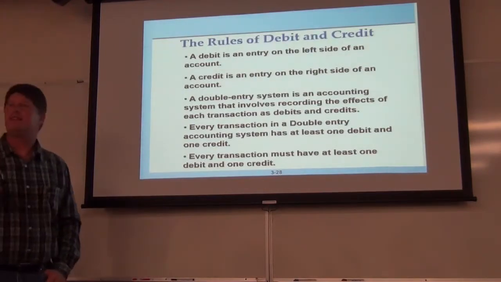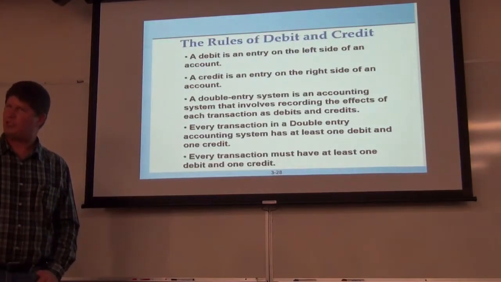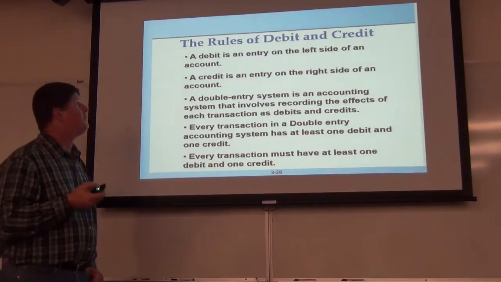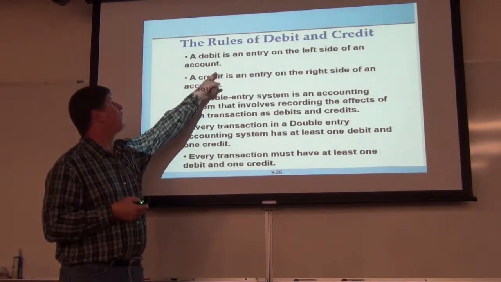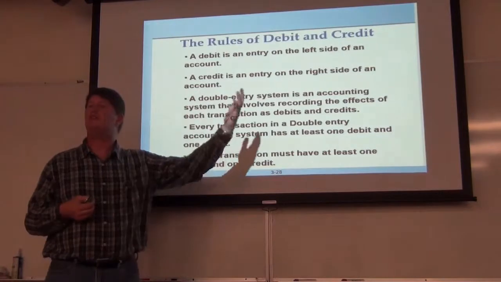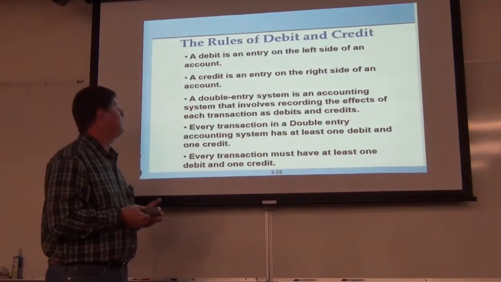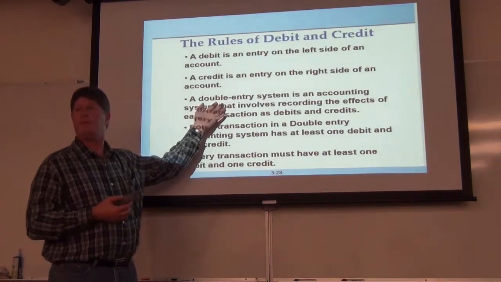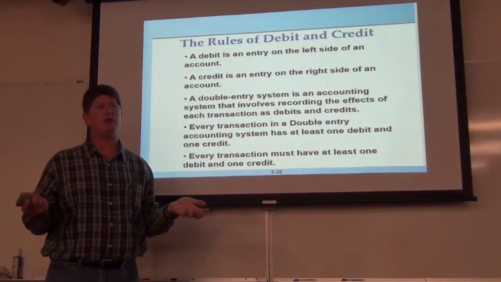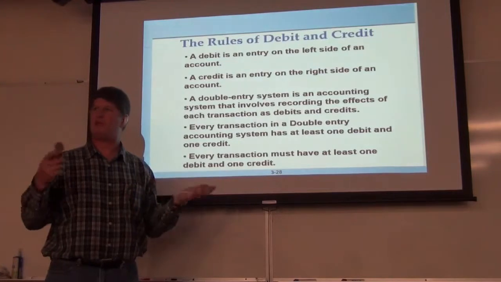Okay, this is simple, but I want to really drive this home because this is the real foundation of accounting that you've got to know. Debits are always on the left side of an account. Always, always, always. Credits are always on the right side of an account. Double entry system is what we're doing. Double entry accounting. For every debit there must be a credit. For every credit there must be a debit.